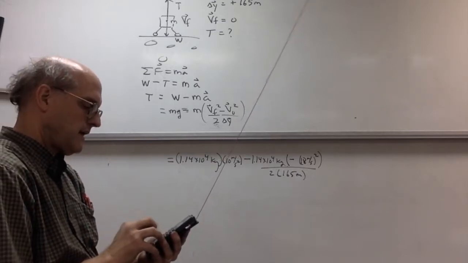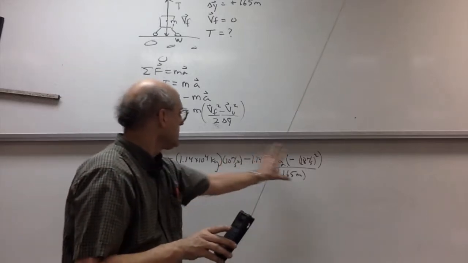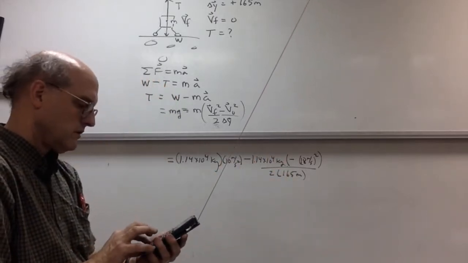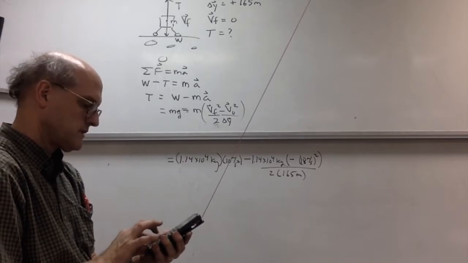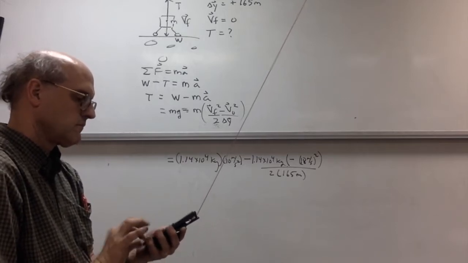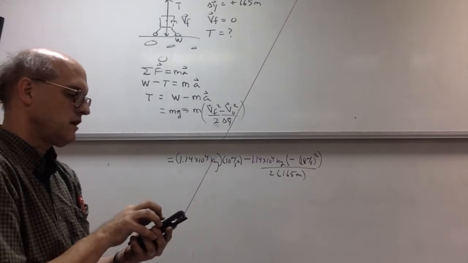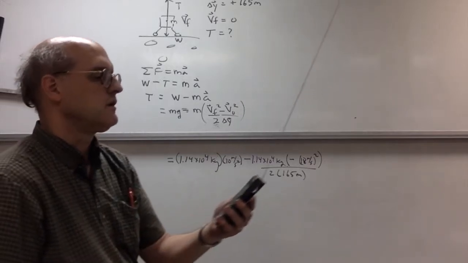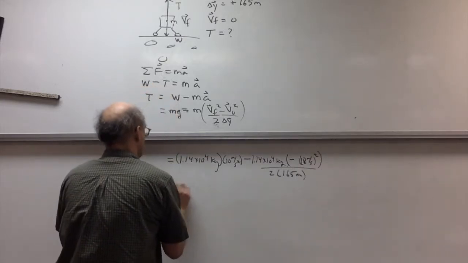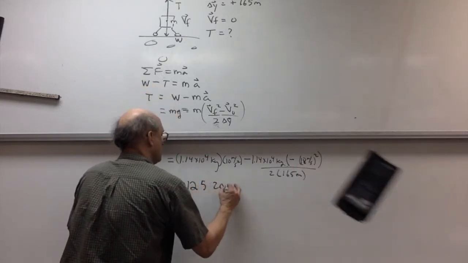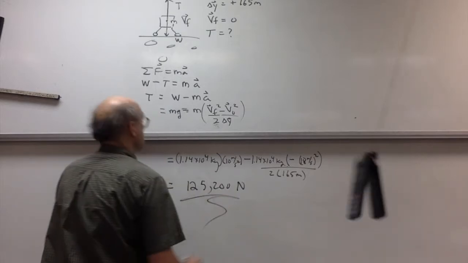And then I'm going to add that quantity here to 1.14 times 10 to the fourth times 10. And I'm getting a thrust of 125,200 newtons.